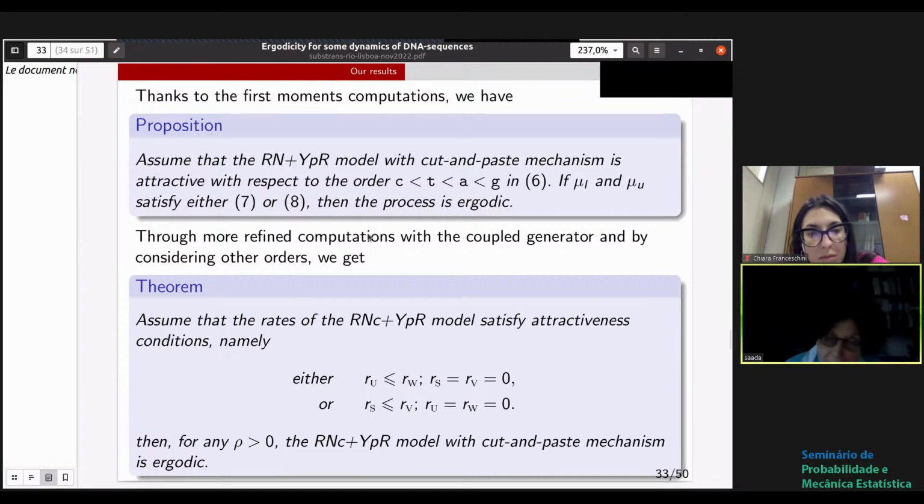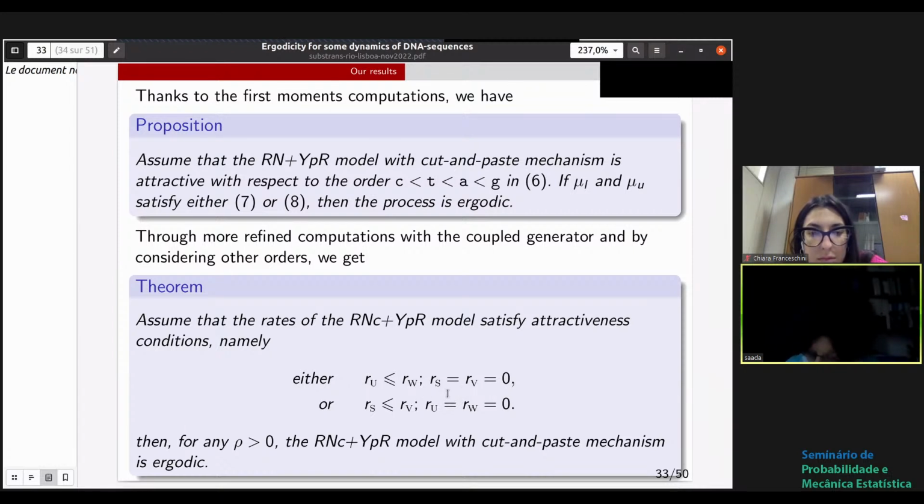But you see that here we need some rates to be 0. So we could also have rates that are non-zero. So you see the point is that with attractiveness, we can get much better results, but it imposes conditions here.